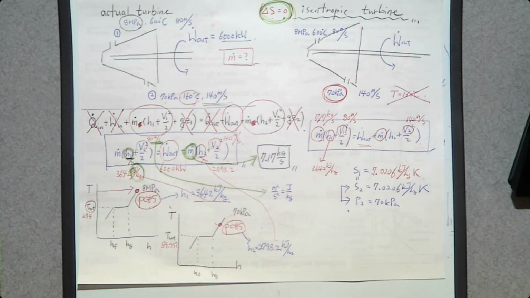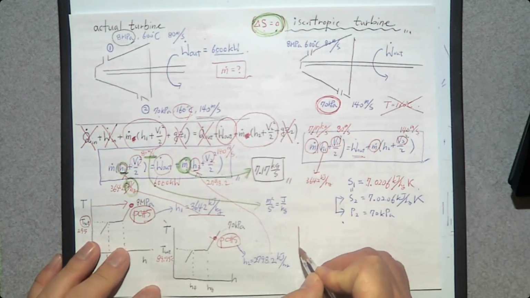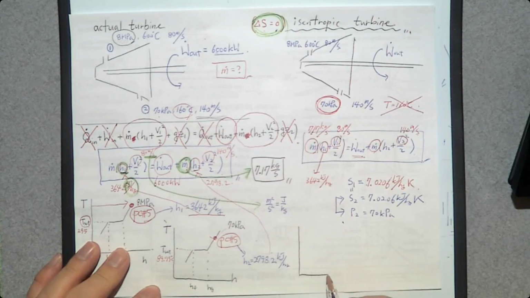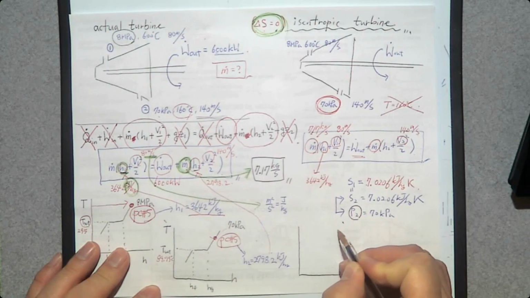So we need to re-evaluate the phase change process at the exit, by using these two properties: the pressure at the exit and the specific entropy that we calculated from the inlet, assuming an isentropic process. So let's make another property diagram, but this time we are going to use this pressure, P2, at 70 kilopascal.